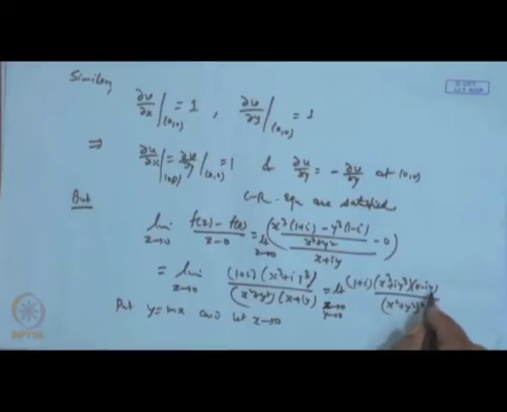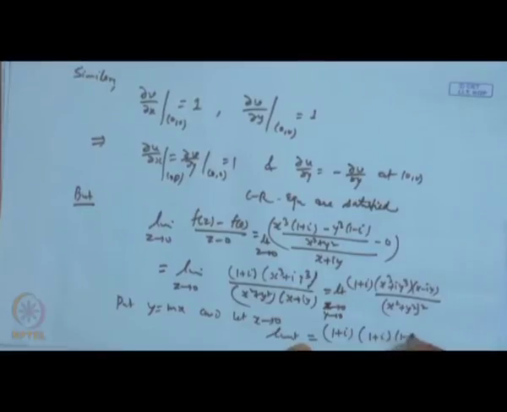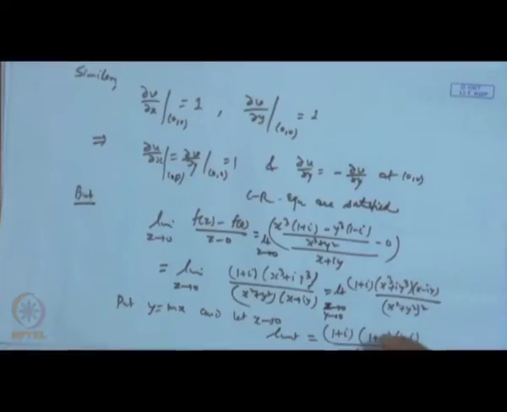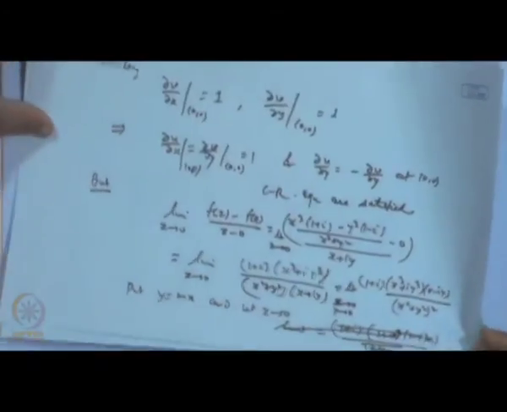Then what happens? When you substitute y equal to m x here, then x is out, x is cancelling. So, take this, substitute m.